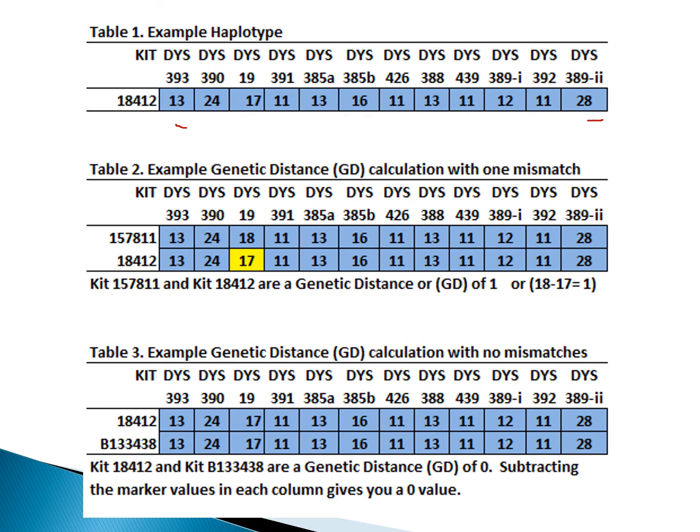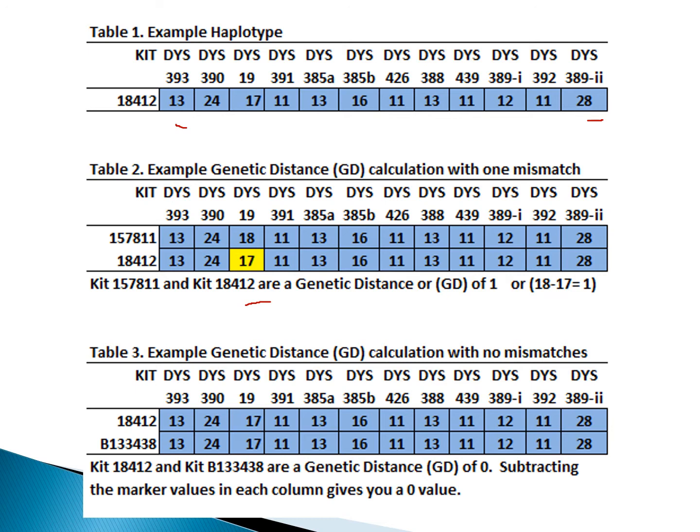Table 2 is an example of genetic distance, where you look at marker 19. Kit 157811 has a value of 18, and 18412 has a value of 17. You subtract those, you get a value of 1. That is what genetic distance of 1 means. Of course, we're only showing 12 markers here.